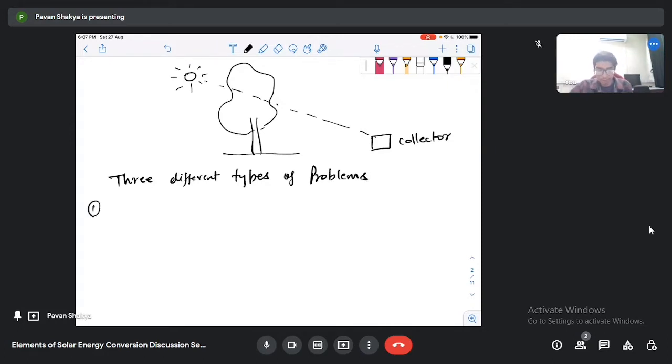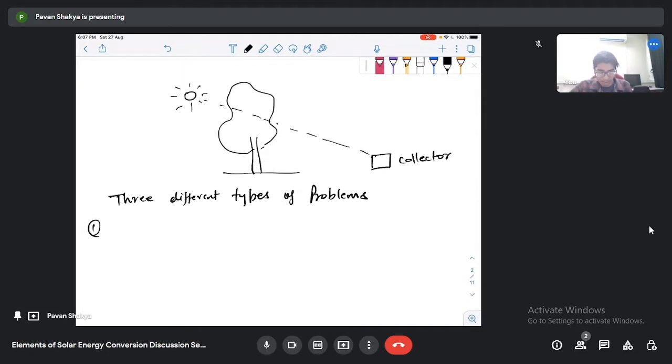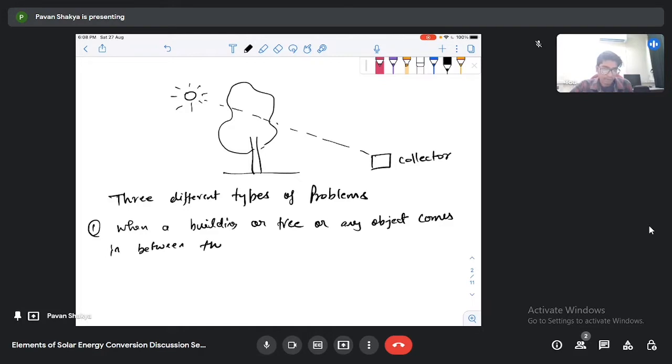The first problem, similar to what I discussed earlier, is when a building or tree or any object comes in between the sun ray and the receiver or collector.